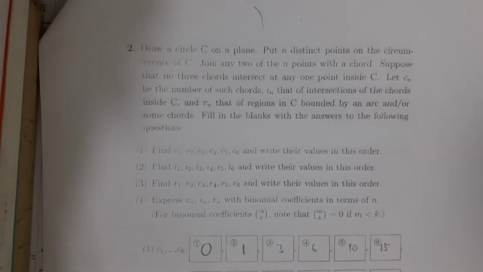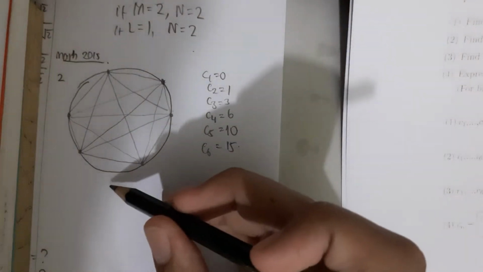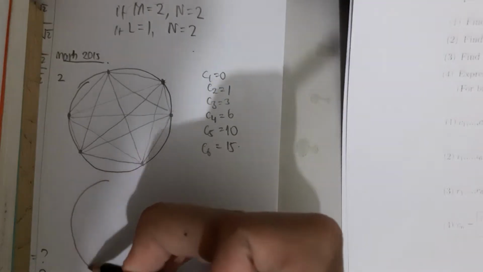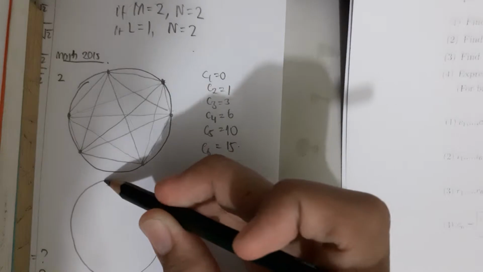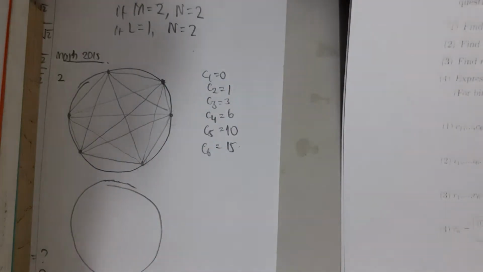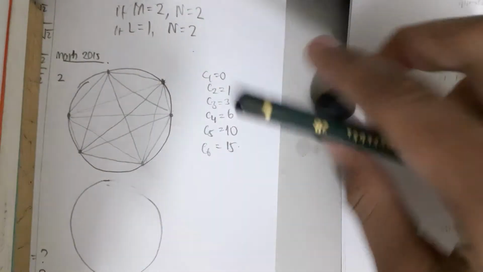Okay, so I6 now. I is stated to be the number of intersections of the chords in C. So let's draw another circle. I'm not very good at drawing circles, by the way.